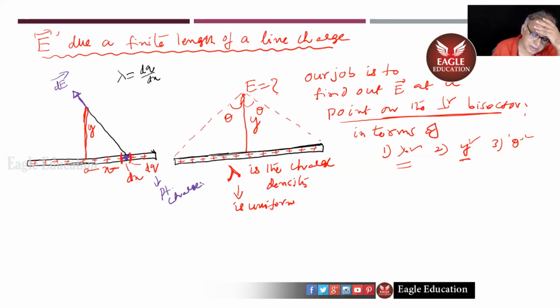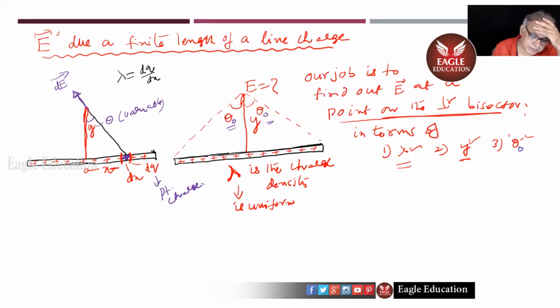Let me say this angle is theta naught. This theta is a variable; these are the limits, the known values of theta naught. So we want to get the answer in theta naught terms. So dE will be like that, the way I showed the vector.